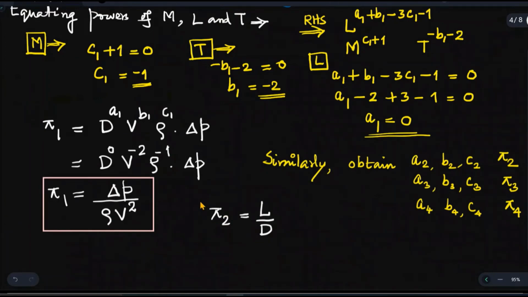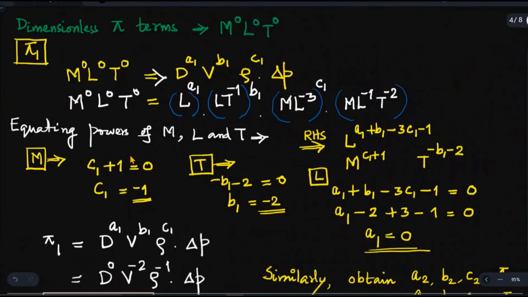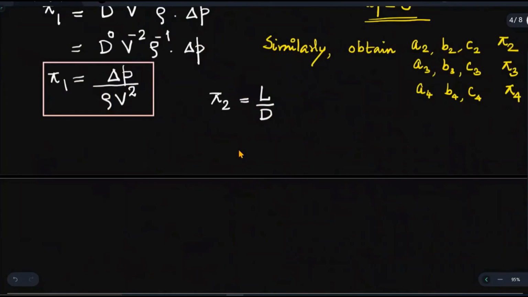The variables D, V, rho and L are involved in the second pi term, and for D raised to A2, A2 will be -1, and B2 will be 0 and C2 also will be 0, then into L. So what ultimately remains is L by D. So L by D ratio, that is a very prominent one in the pipe flow context. So this is the second pi term, L by D. Okay, so please do that by yourself.